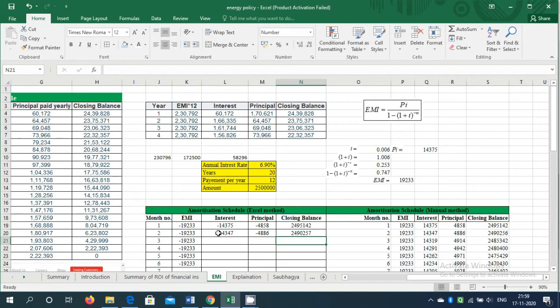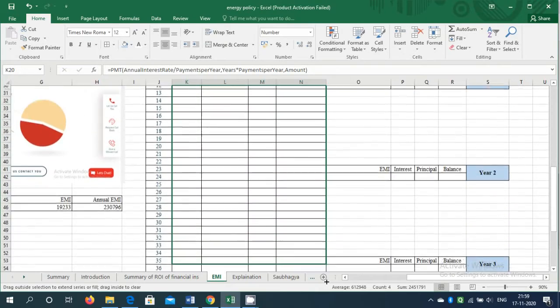After finding this out, what I'll do now is select all this and drag it out for the complete 48 months.